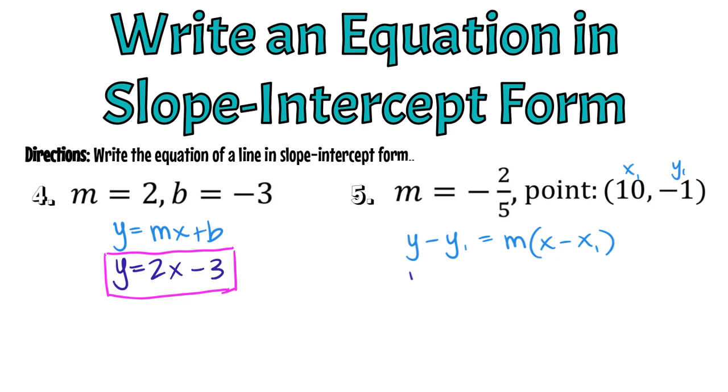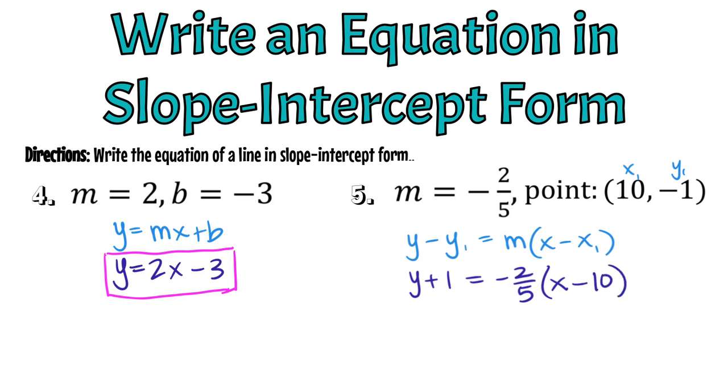So we want to plug in our y1, so y plus 1, right? Y minus negative 1 is y plus 1 equals, our m is negative 2 over 5 times the quantity x minus 10, which is the x1.